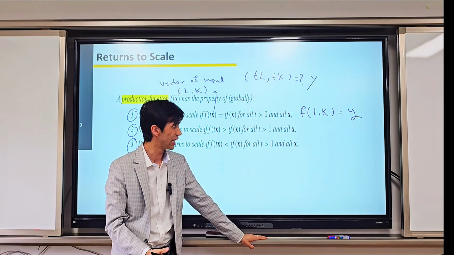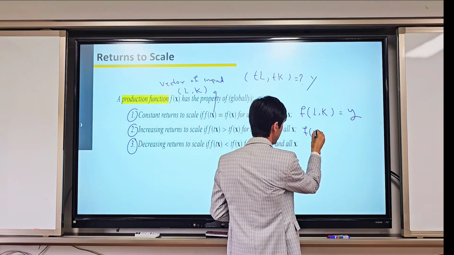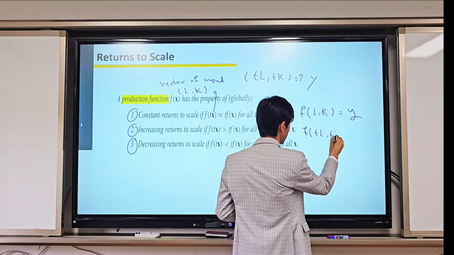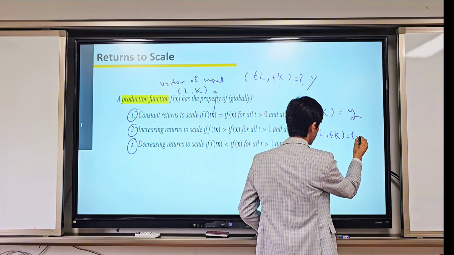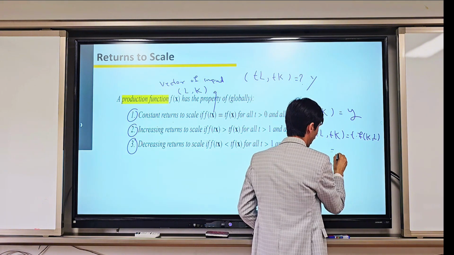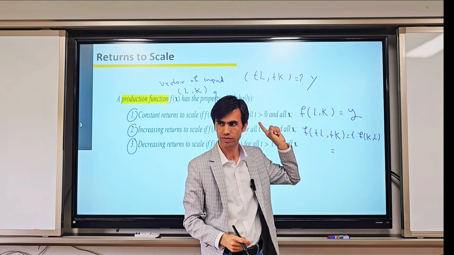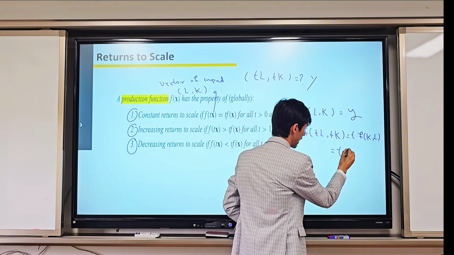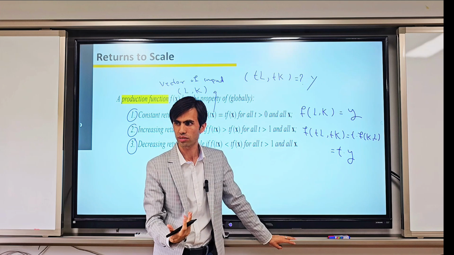Now, we are multiplying L and k by some positive scalar t, f of tL, tk, and if it is equal to t multiplied by f of k and L, and we already know that f of k and L is equal to y, then instead of f of k and L, we can simply write y. Y is our output.